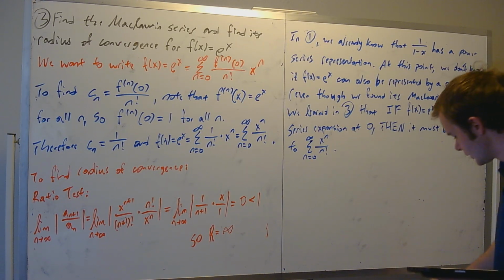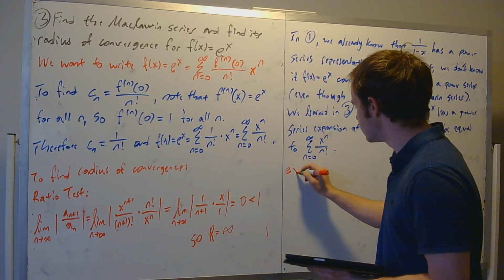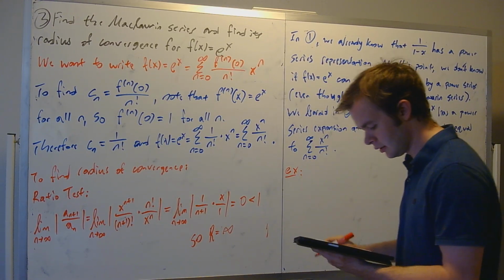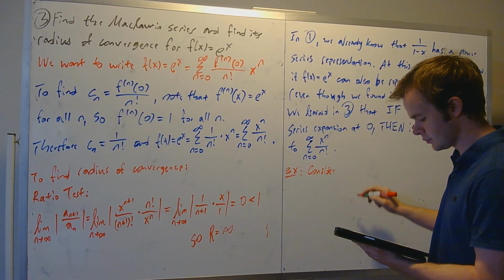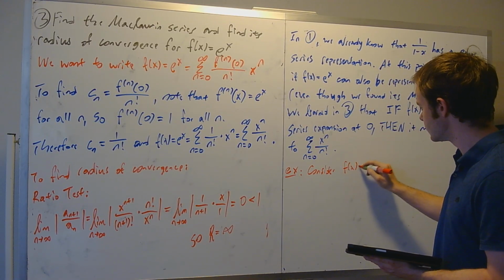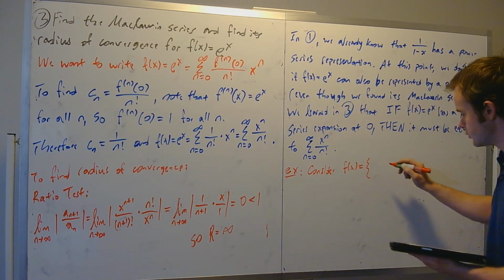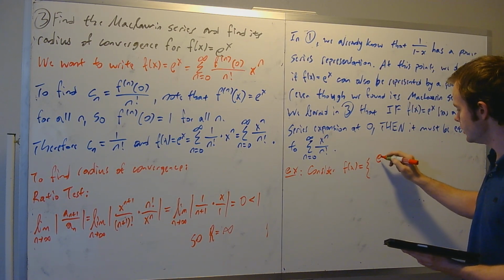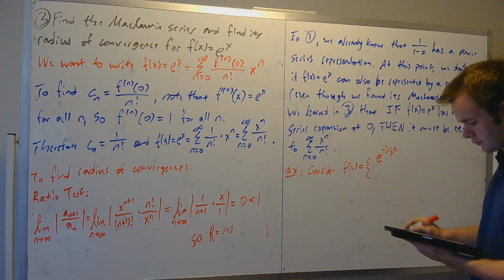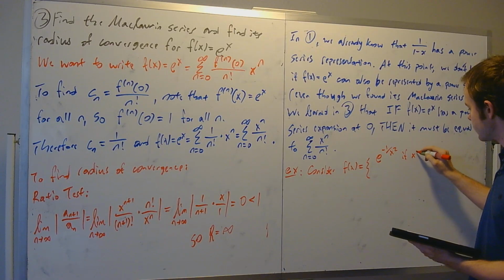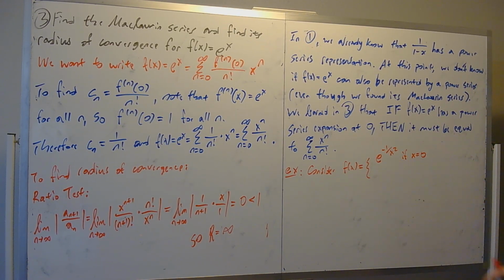So let's actually look at an example involving this. So example, we're going to say consider f of x equals, so we're going to have a piecewise function. The first piece is going to be e to the power of -1 over x squared if x is not equal to 0, because notice if x is equal to 0, this is undefined.